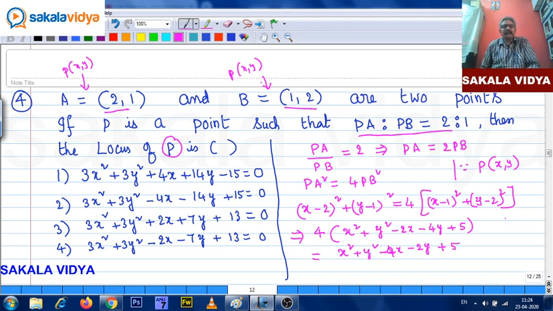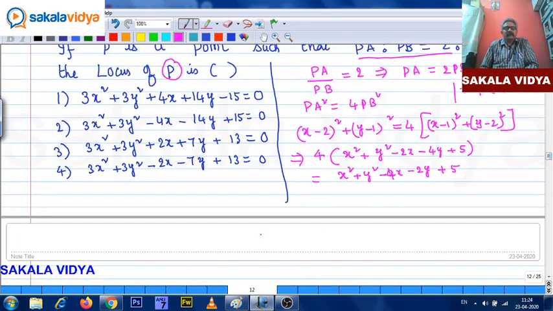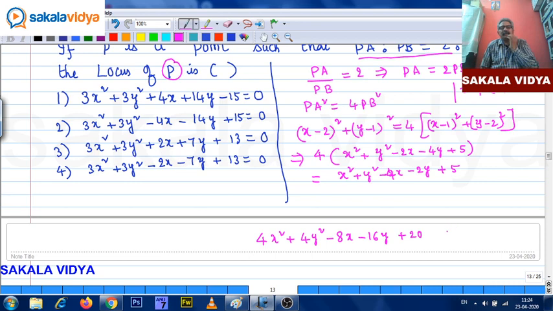So now you need to simplify this one. 4x square plus 4y square minus 8x minus 16y plus 20 equals to x square plus y square minus 4x minus 2y plus 5.